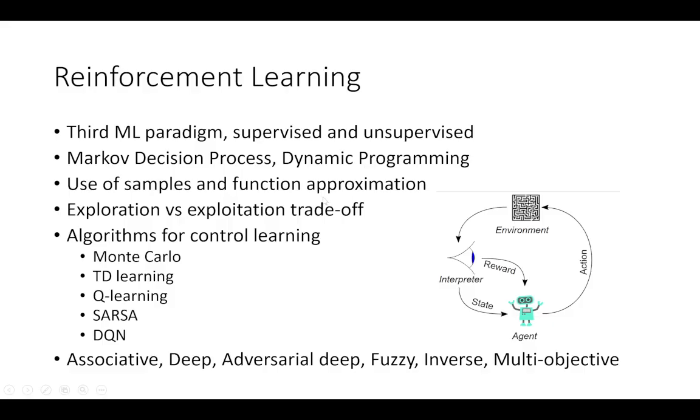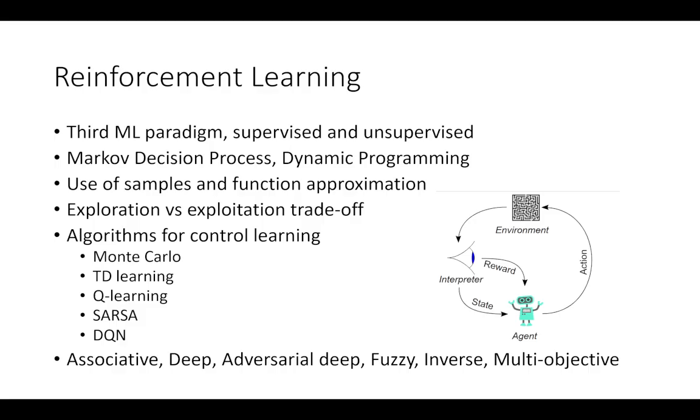It scales with samples and function approximations. It has an exploration versus exploitation trade-off, and there are well defined, well tested, popular control learning algorithms that are evolving. This being a new field, more and more algorithms are coming up. So that is something you should know, learn, and develop.